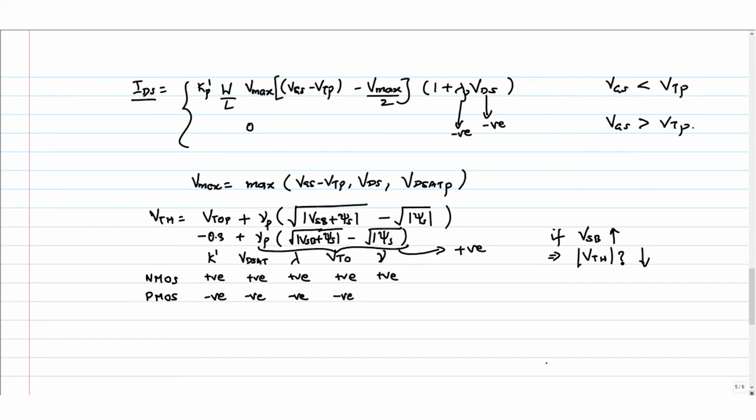So the way you should analyze this equation is write this as Vt naught plus gamma P into, let's substitute a value for psi s, minus 0.25 plus VSB minus root of mod minus 0.25.